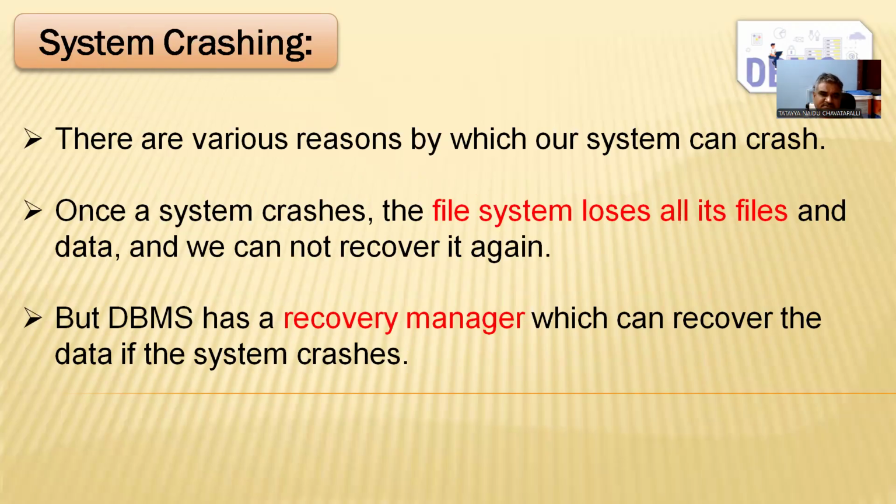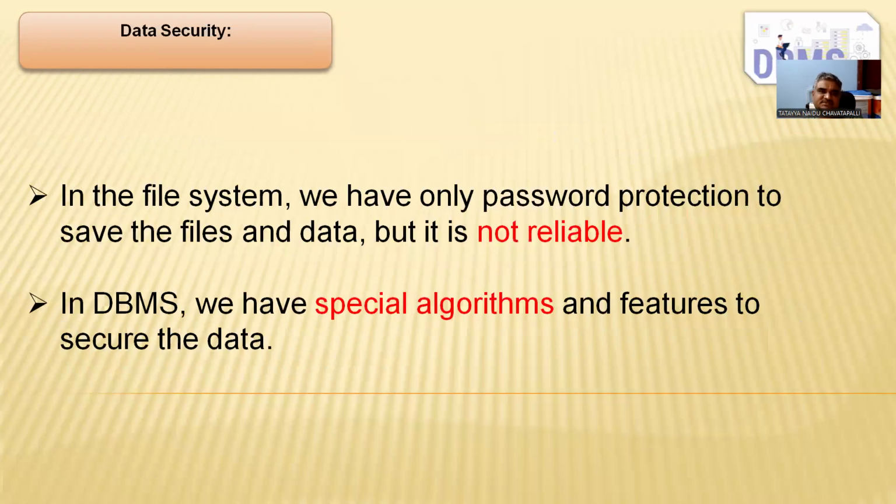But in DBMS we have a recovery manager which can recover the data if the system crashes. The next one is data security. In the file system we have only password protection to save the files and data, but it is not reliable. In DBMS we have specific algorithms and features to secure the data.